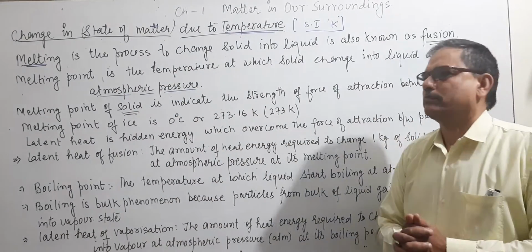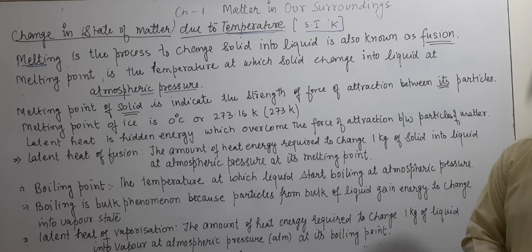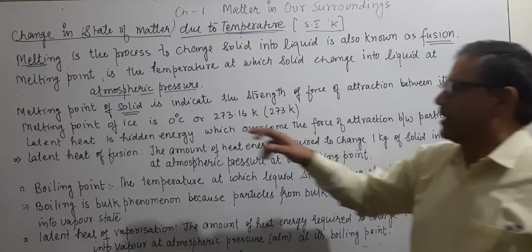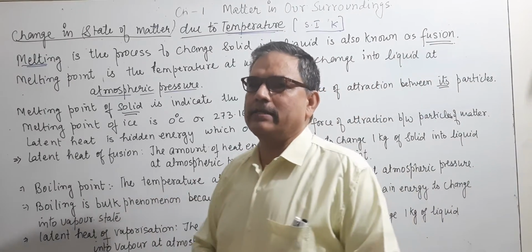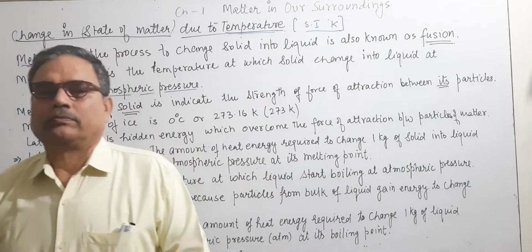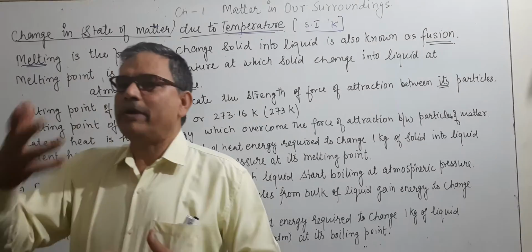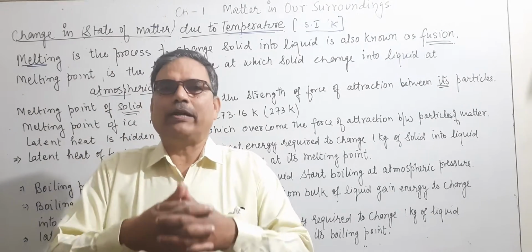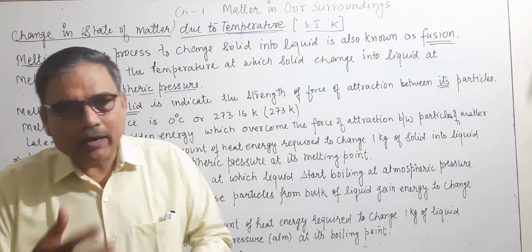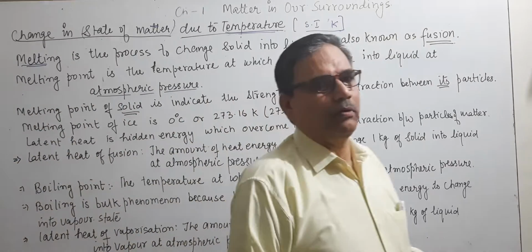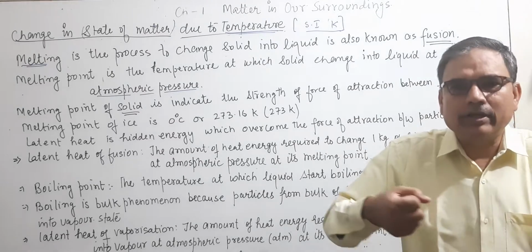And now, some solids have more melting points, some solids have less melting points. The solid which has more melting point, why does it have more melting point? Because it requires more temperature, more heat, to break down its force of attraction.